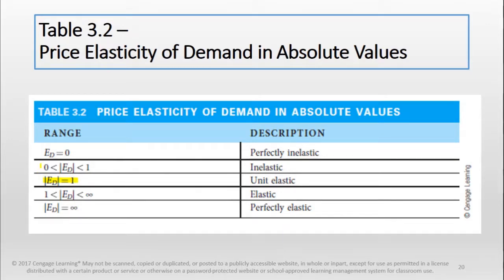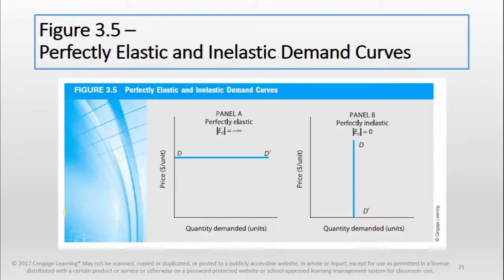If it is lesser than 1 but greater than 0, meaning a decimal like 0.5, that is inelastic. Now, if it is equal to 0, that is perfectly inelastic. It is elastic if it is greater than 1, and it is perfectly elastic if it is infinity.